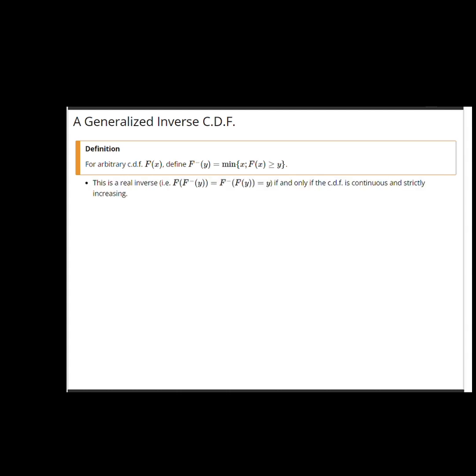And it turns out that this is identical to the usual notion of an inverse function, provided that F is strictly increasing and continuous. But when F of x is possibly discontinuous or non-decreasing, it might be flat in places, then our definition of F^- produces a function which is similar to the inverse function, but doesn't satisfy exactly the same properties.